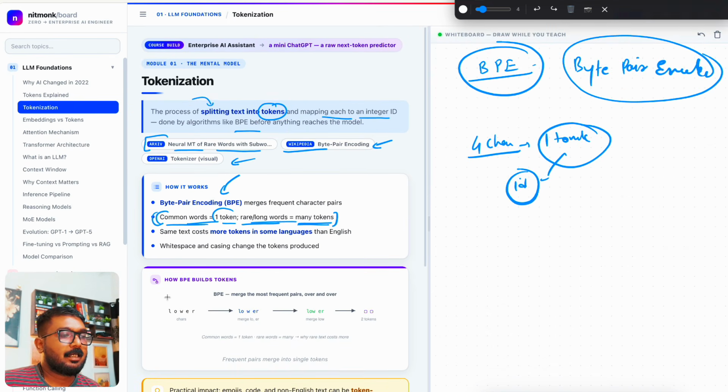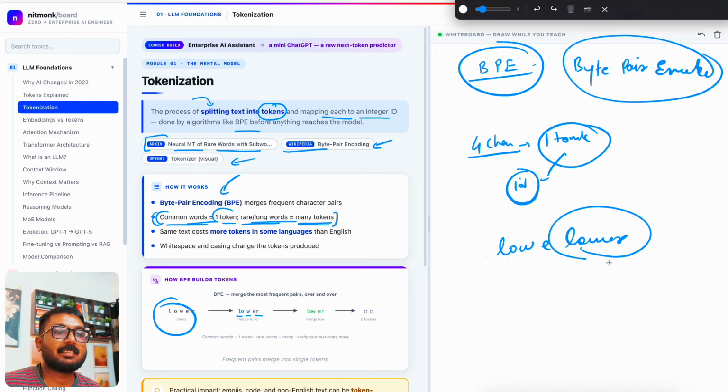So see here, again we'll look at BPE. There is a word lower, then it takes LO, then LOW, and then LOWE, and then LOWER. So it says that lower has the most probability of being a word, and then it selects it as a token.